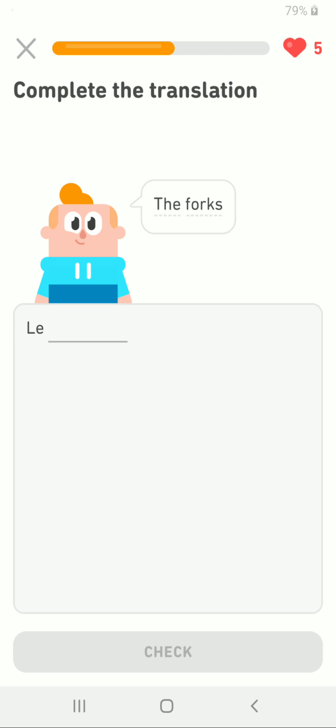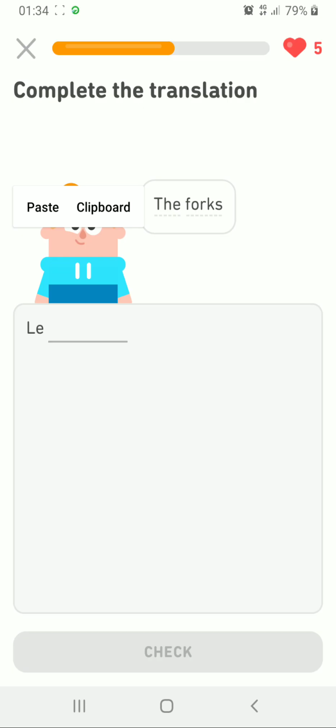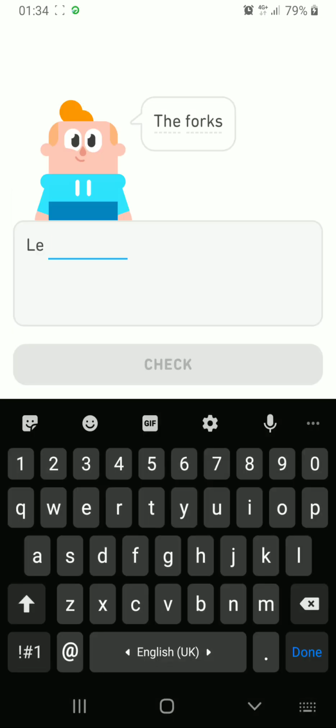Forks. How do you say forks? One fork is una forchetta, and due forchette, so le forchette. Let's try to write it here. F-O-R.